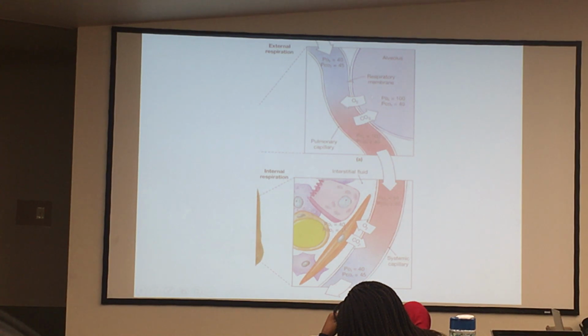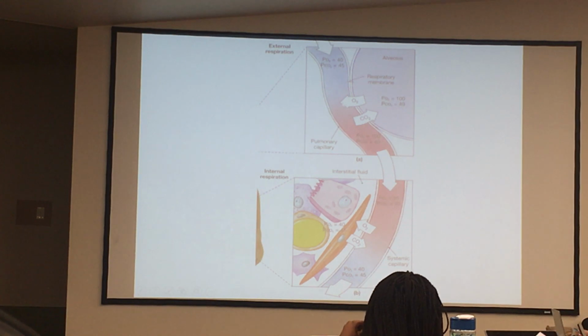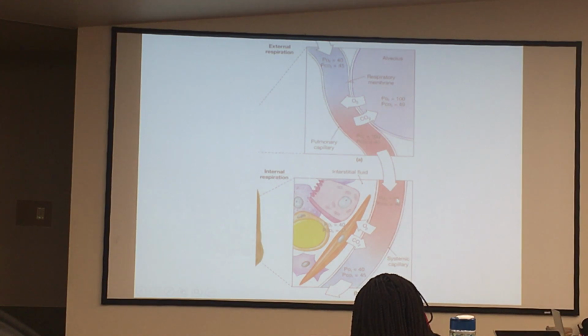And CO2: when blood reaches the terminal it is 45, and the alveolus only has 40, so CO2 will move out. Then through the heart it is pumped out to the arteries and the blood capillaries, where we have the gas or nutrient exchange. The oxygen goes from 100 down to about 95, just a little bit lost.